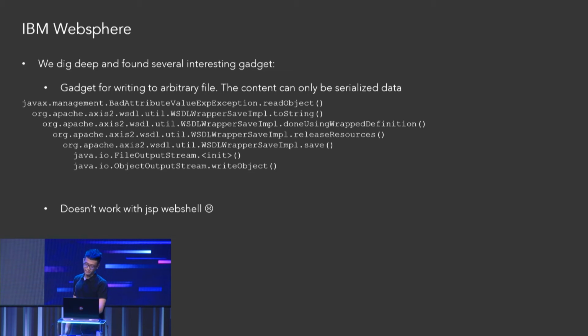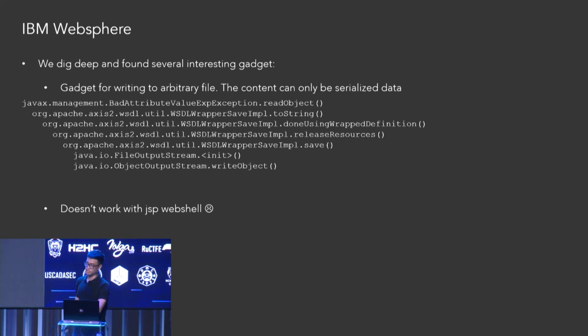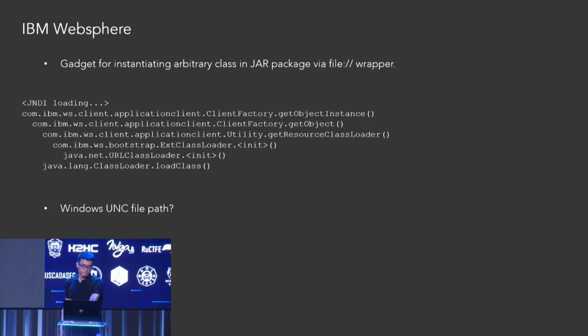But it doesn't work, because the serialized data will have a first byte that is not text data. So IBM didn't recognize this as a valid JSP file and rejects handling it. It's kind of unfortunate, but it can still be used to, for example, override web.config and make the application unusable. Denial of service, I mean.